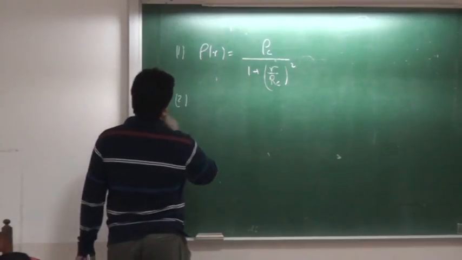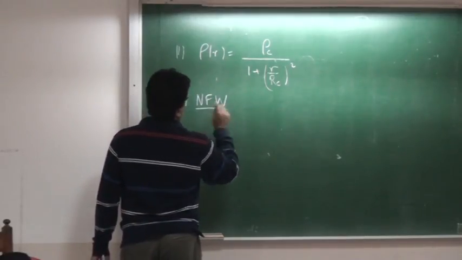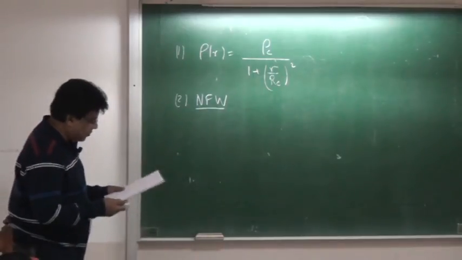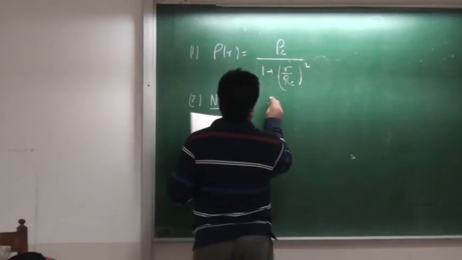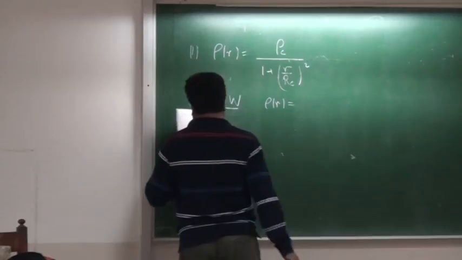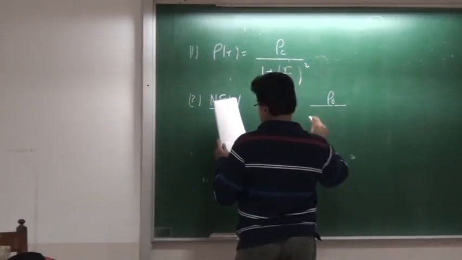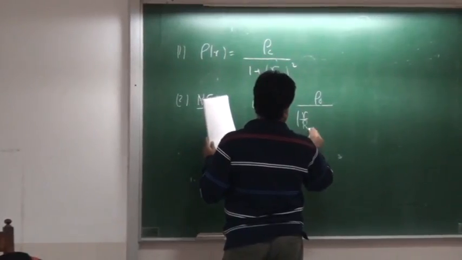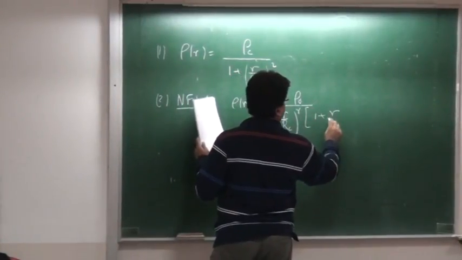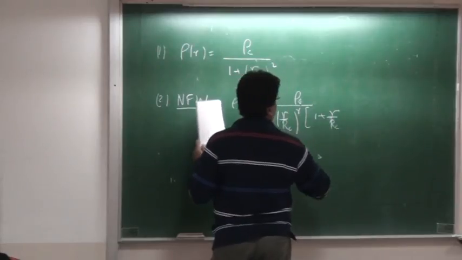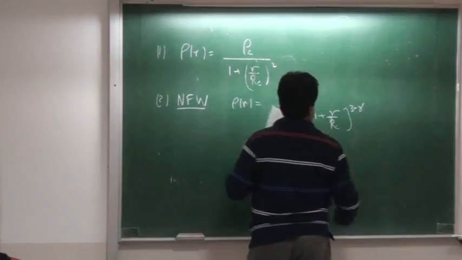But people try various fits, and the most popular is called NFW, named after the authors Navarro, Frank, and White. And this distribution that is often used is rho c, r upon rc to the gamma, something complicated.